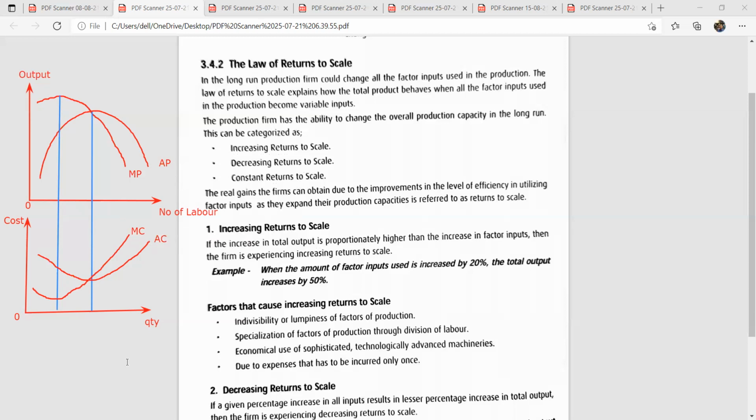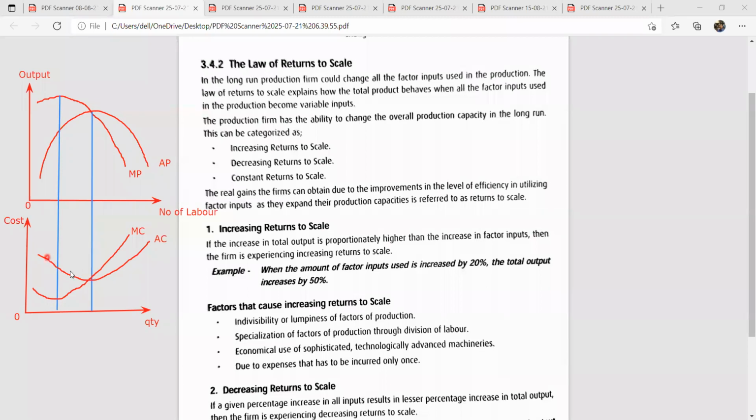This is the relationship actually between marginal production and average production. So average cost and marginal cost are a reflection of marginal production and average production. As well as, when MP equals AP, MC equals AC.